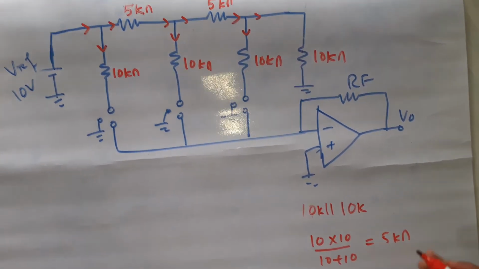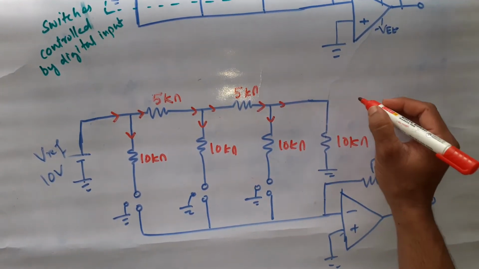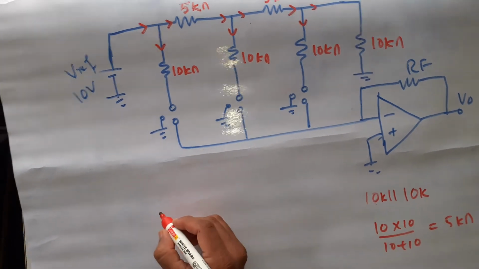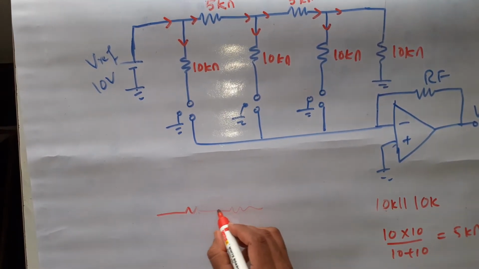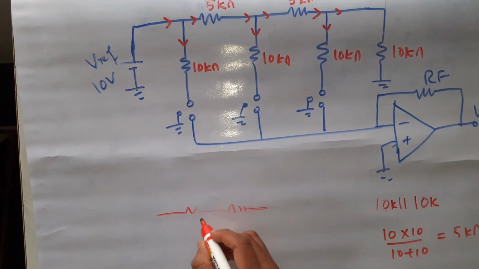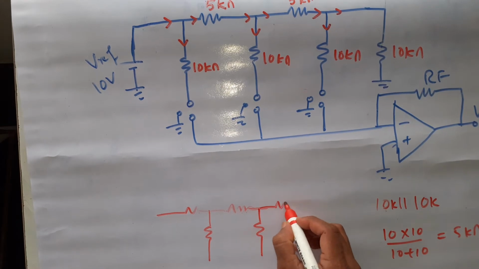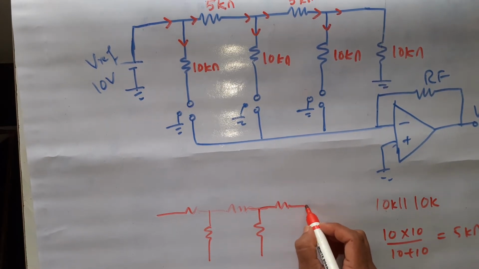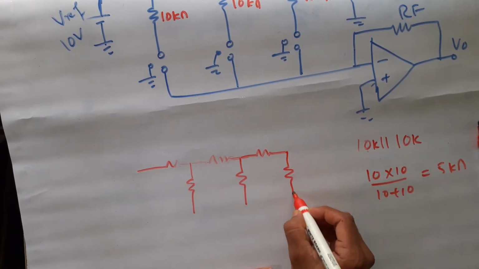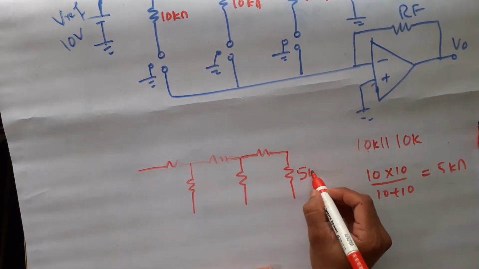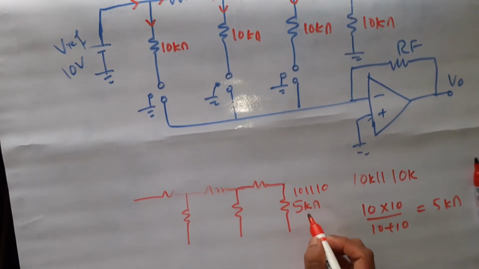Means these two resistances, when you do it parallel, your circuit will become like this. Now this 10k and this 10k, if you do parallel, you will have only one resistance of 5k. This 5k is nothing but 10k parallel with 10k.